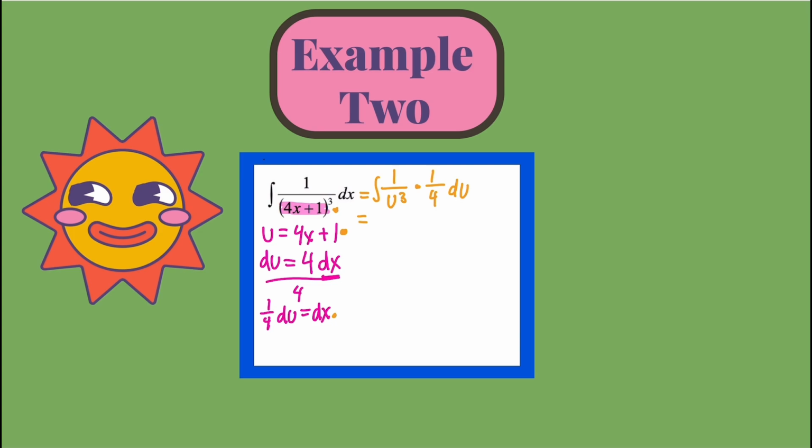From this part, we're going to rewrite it one more time so it's easier for us to solve. It's going to be 1 over 4, and then u to the negative 3 times du.